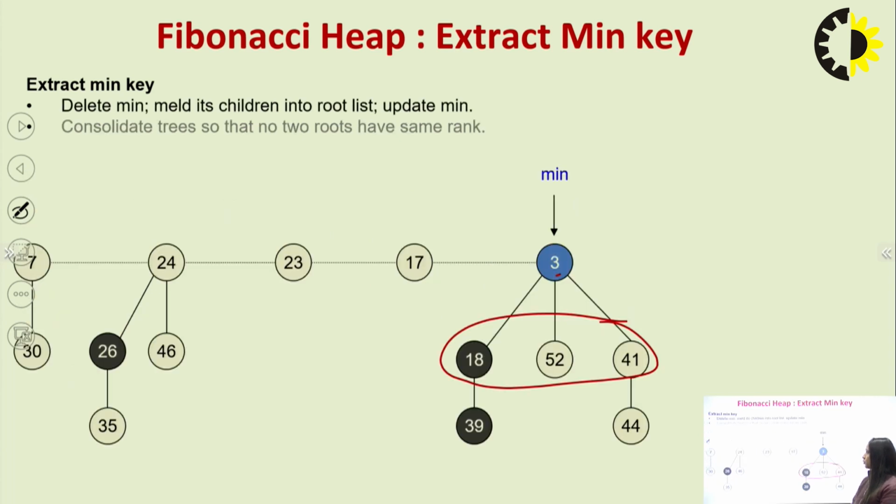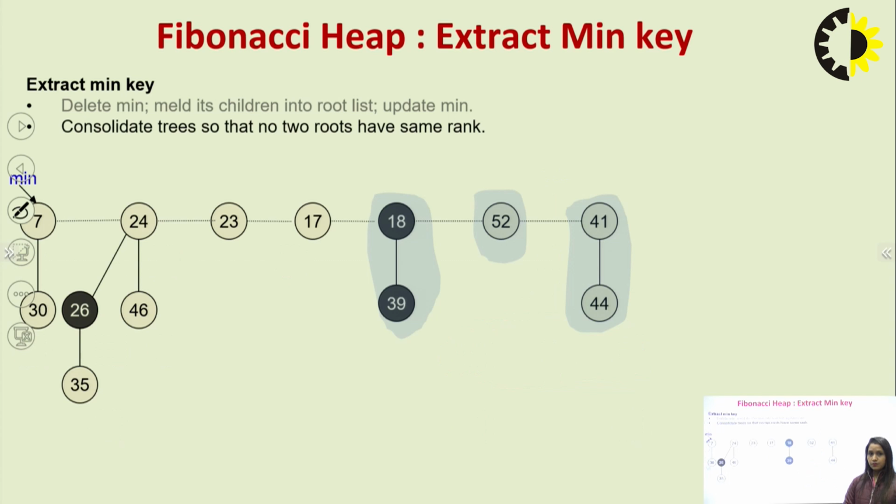I just removed 3, which is the minimum, and melded its children to the root list. Now 18, 39 and the others are the children, and now these are the root nodes.